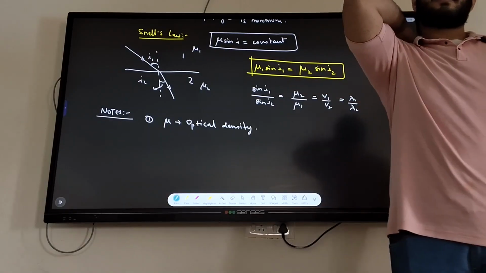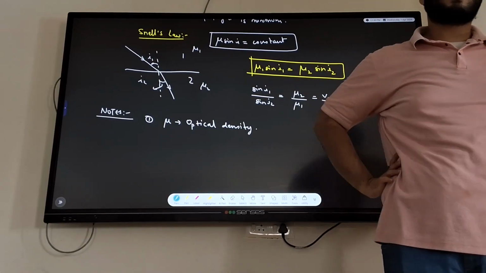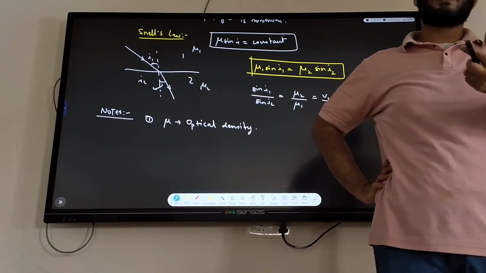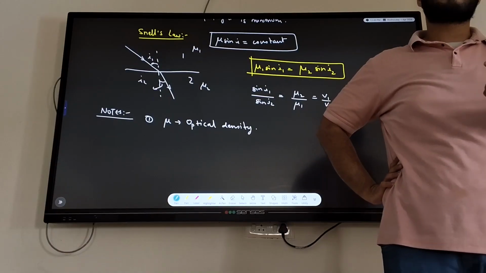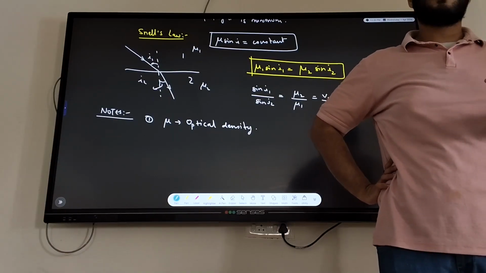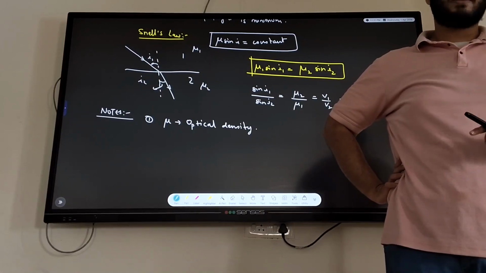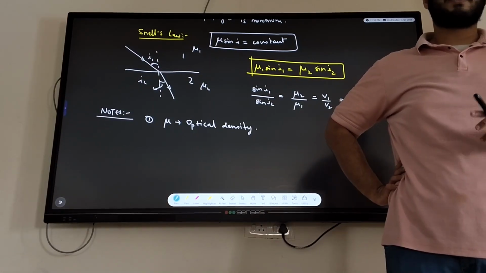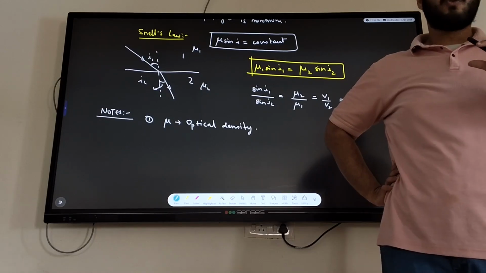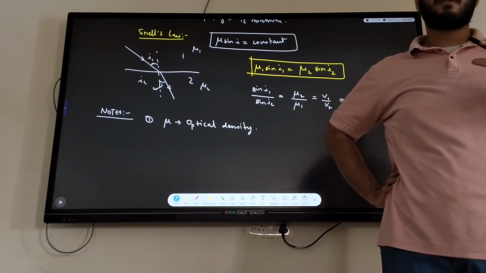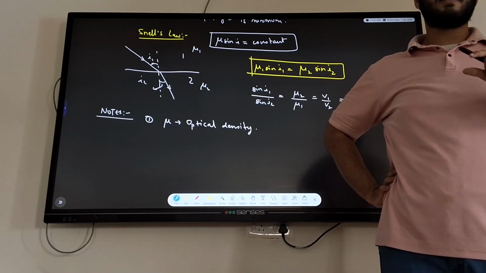Then when I say some medium is rarer, some medium is denser, denser does not mean that the medium has more mass density. No, it has more optical density. Listen to this statement very carefully. You can have mediums whose mass density is more, but whose optical density is less.